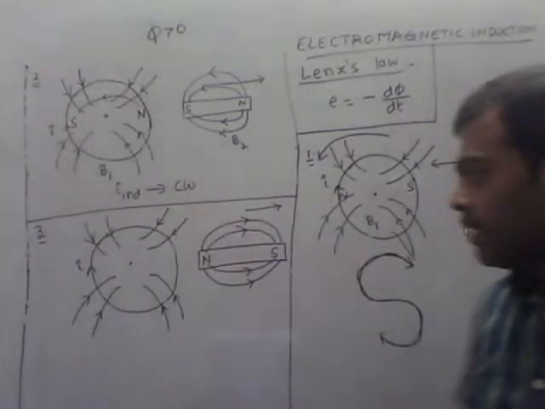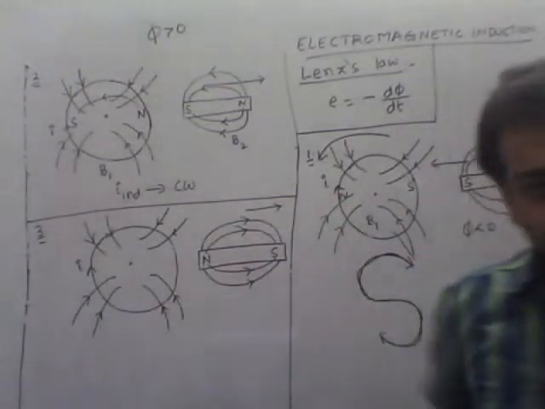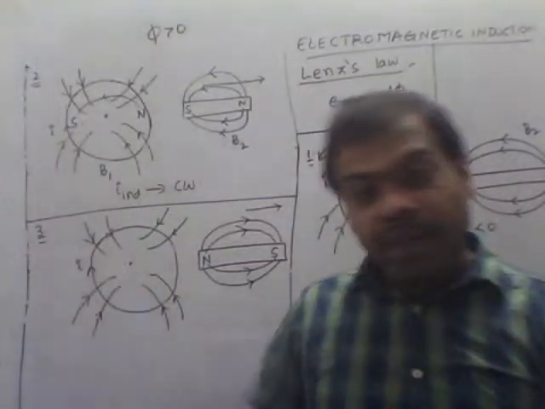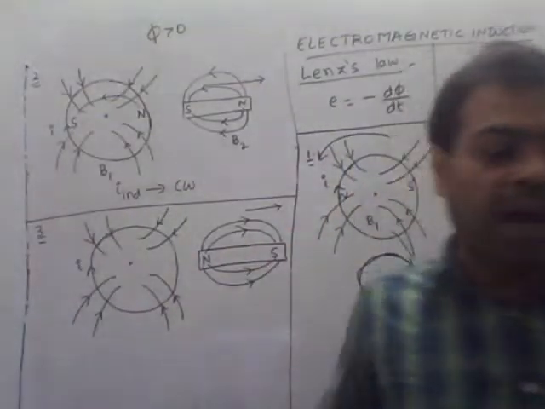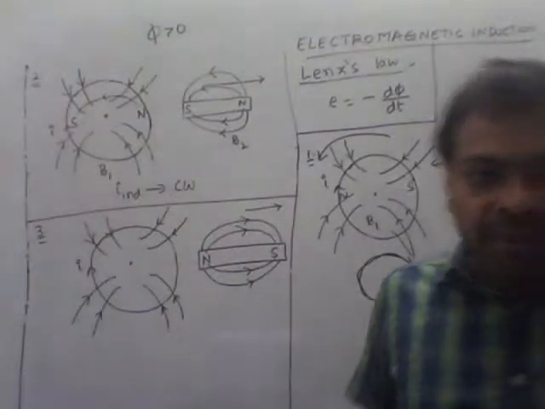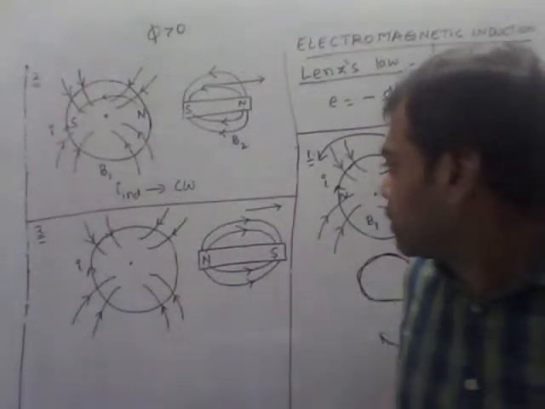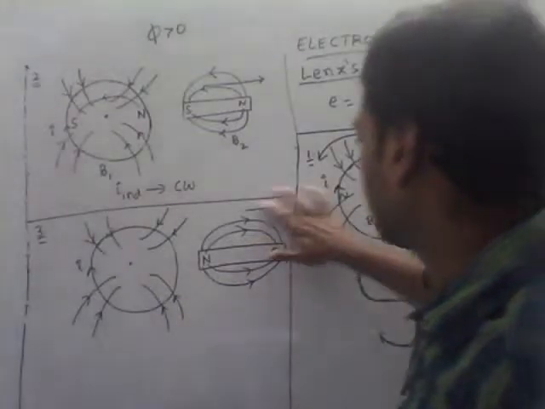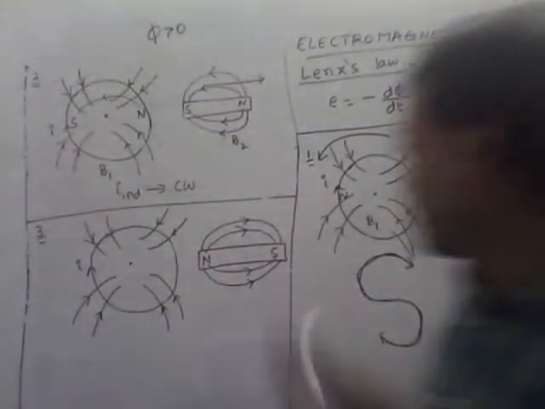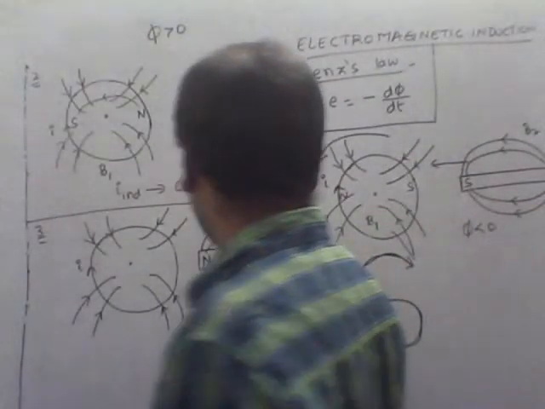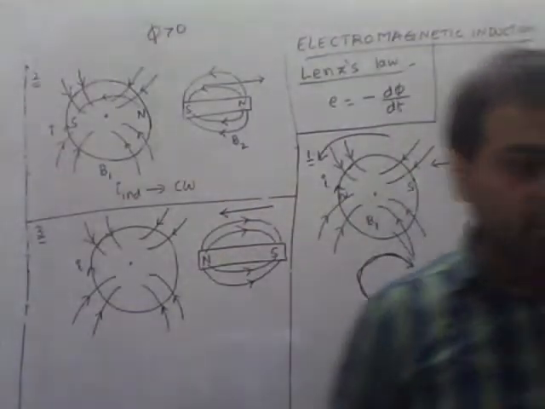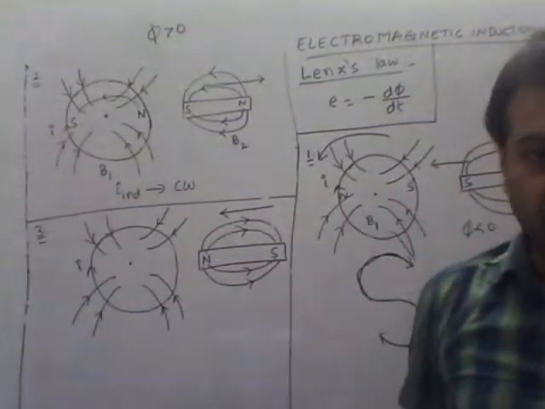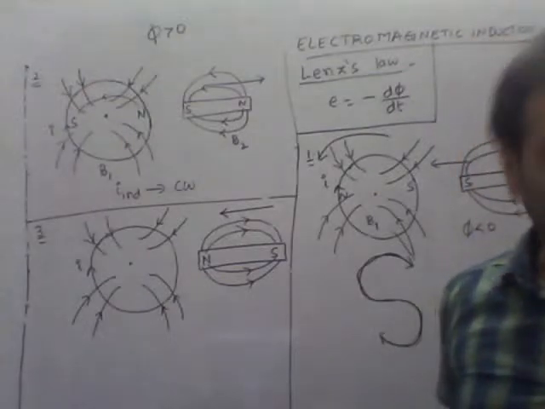Okay, fine. Sorry, not here. Whenever the magnet is moving towards the coil, then the coil must repel the magnet, or must repel the motion of the magnet.